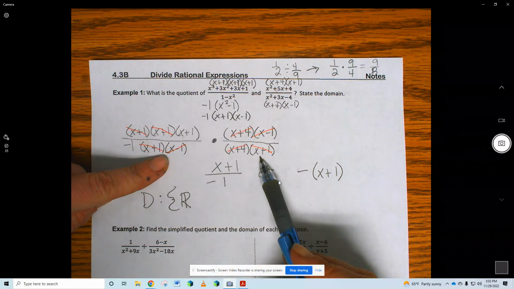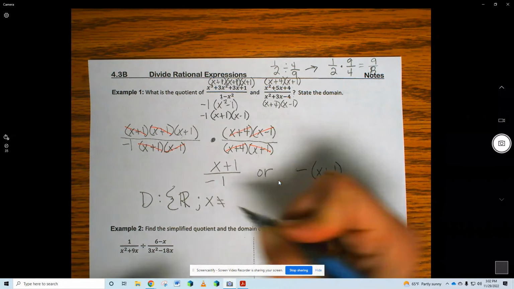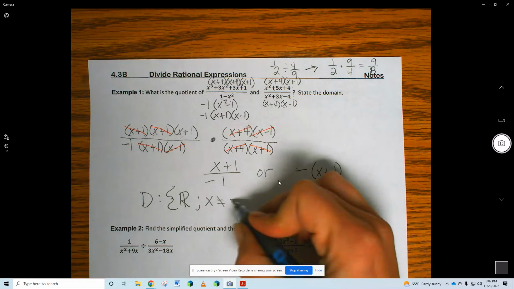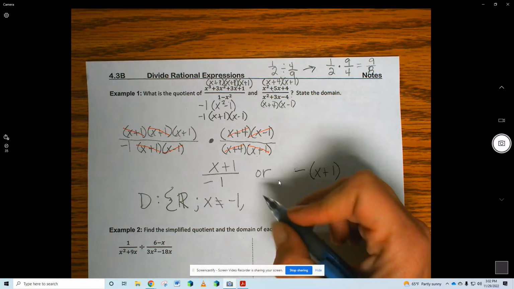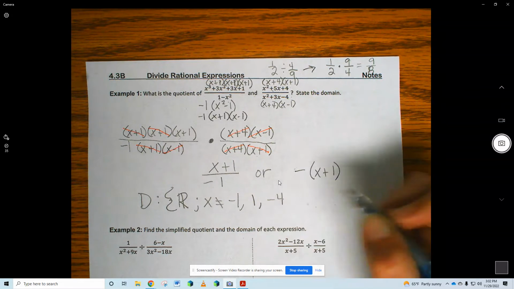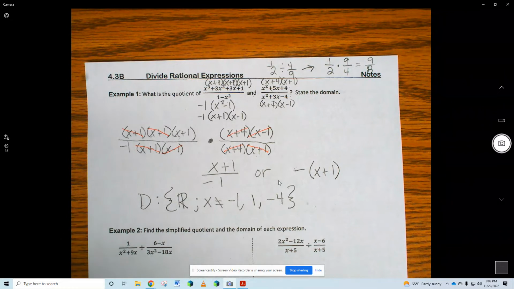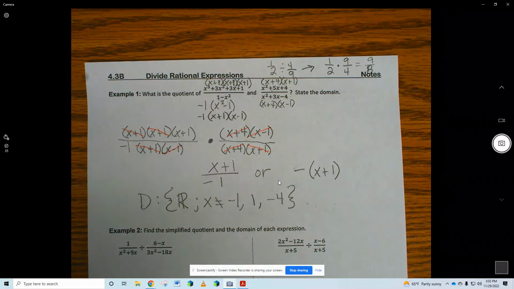There's lots of choices. I cannot have, x cannot equal what? -1. Or 1. 1 or -4. Close brace. I don't want my denominator to be 0, so I'm writing down the numbers that would make my denominator 0, because those are not good numbers.